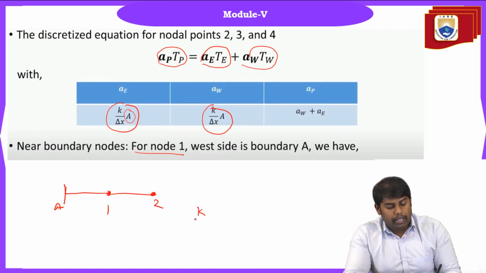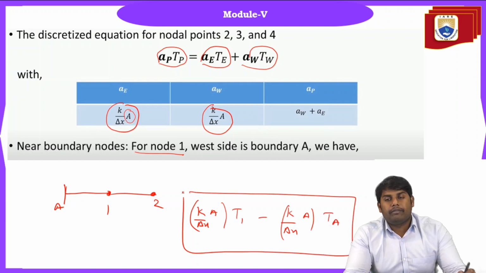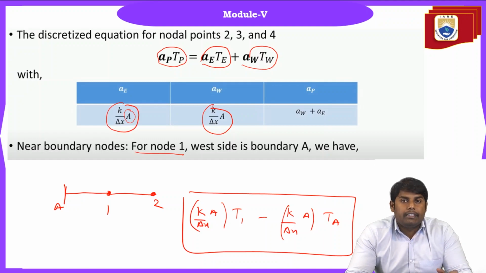We have K by delta x into A of T1 minus K by delta x into A of TA. So in this way it will be there. Fine. So the remaining boundary it is 0.